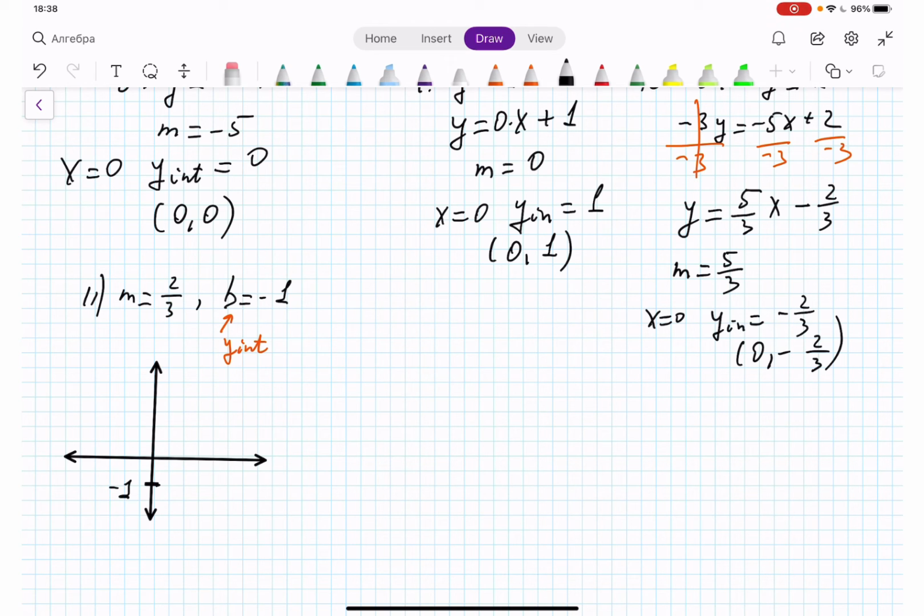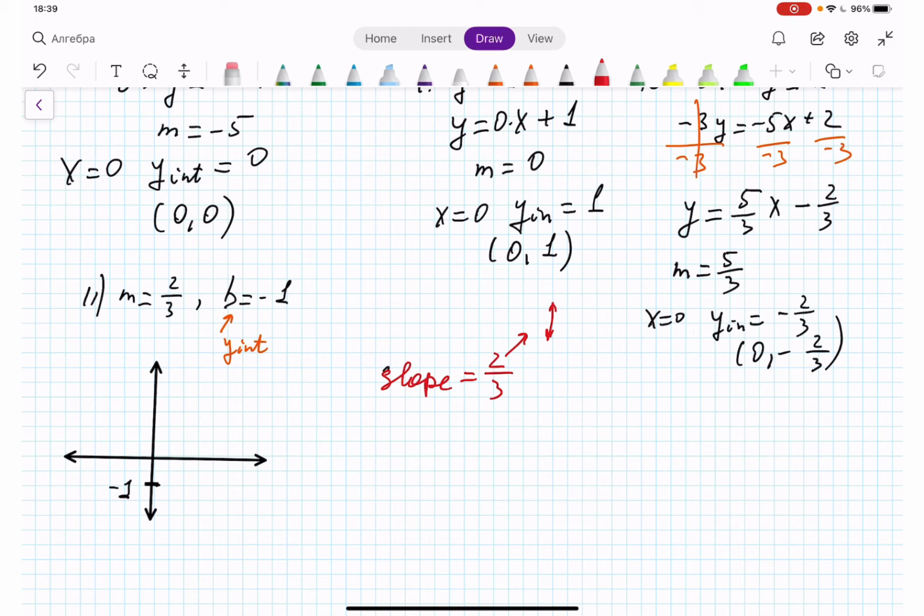And then from here, my m is my slope. So when we have a slope, let me write it down here: if the slope is equal to 2/3, on the graph that means the 2, the number in the numerator, is running vertically up or down.